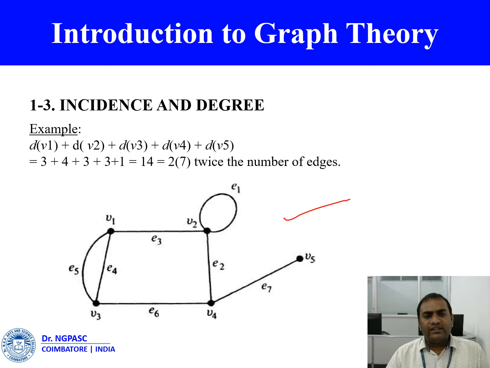So we add these degrees vertex-wise. The degree of V1 is 3, V2 is 4, V3 is 3, V4 is 3, and V5 is 1, totally 17. This is equal to 2 times the number of edges. Here there are 7 edges, E1 to E7. So 2 times 7, or 14, is equal to twice the number of edges.